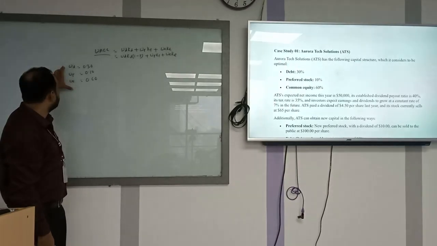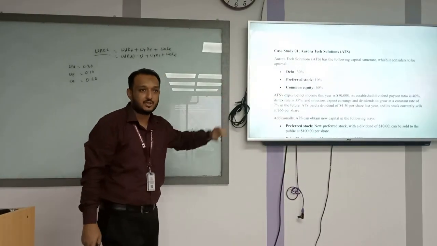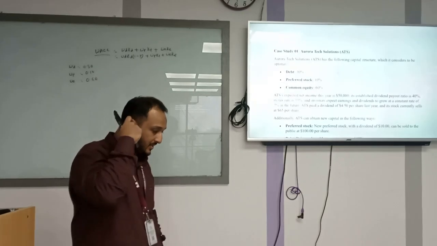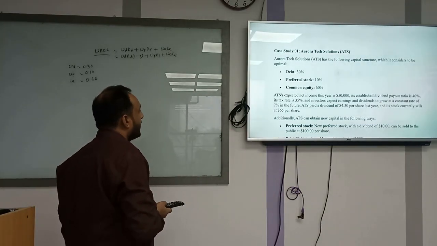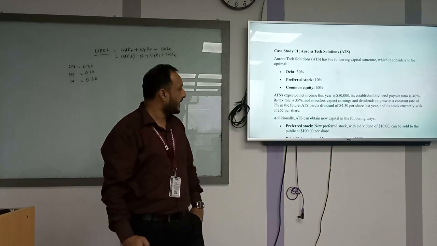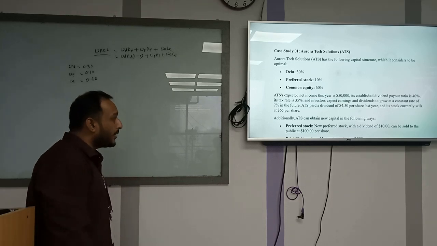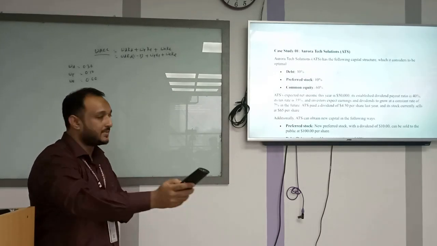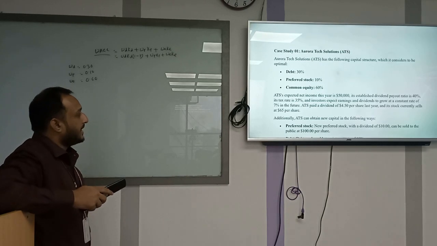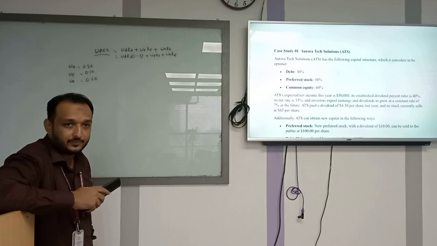So I already got the weight portion from the question directly. Okay, what else is given then? ATS forward tax solutions: expected net income this year is 50,000. কত net income expect করছে? 50,000. Established dividend payout ratio is 40%. কতটুকু dividend দিচ্ছে? 40%.